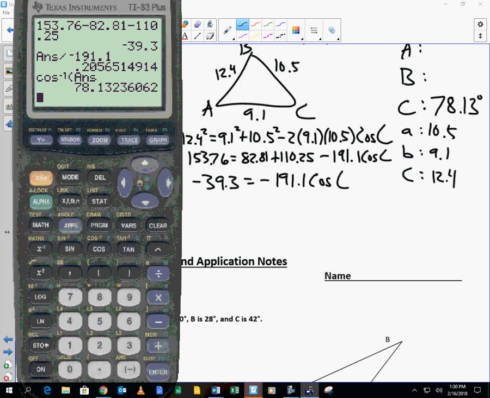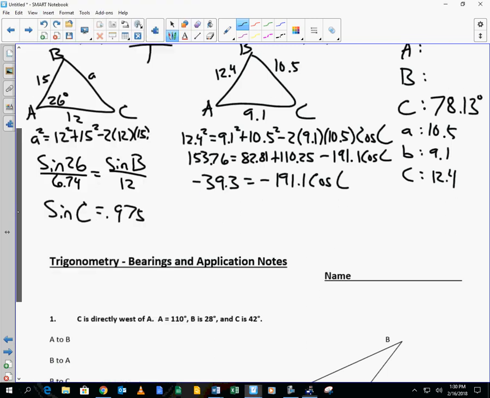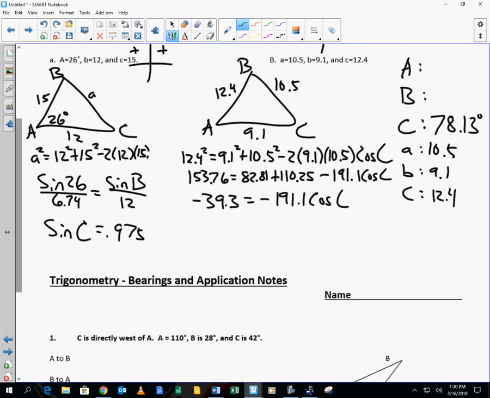What can I now use to solve the rest of the triangle? The law of sines. Do I have to worry about coming up with an obtuse angle? Why? That's the biggest angle. Sine of 78.13 over 12.4 equals sine of A over 10.5.